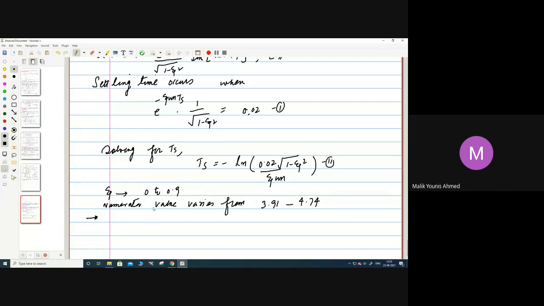So approximately, the settling time that will be used for all values of xi, what we agree on is Ts equal to 4 divided by xi omega n.